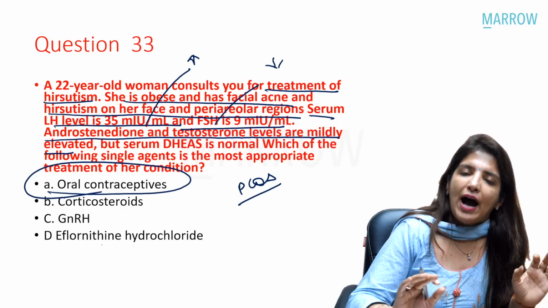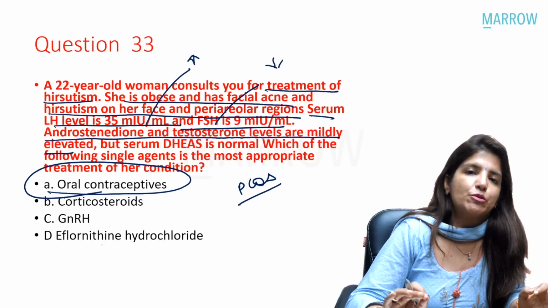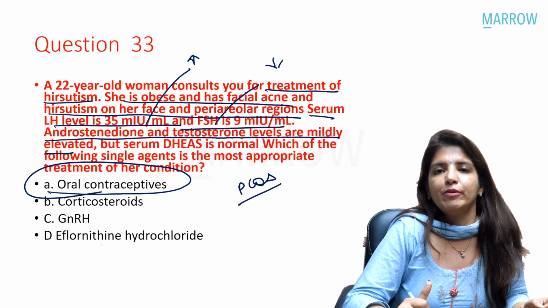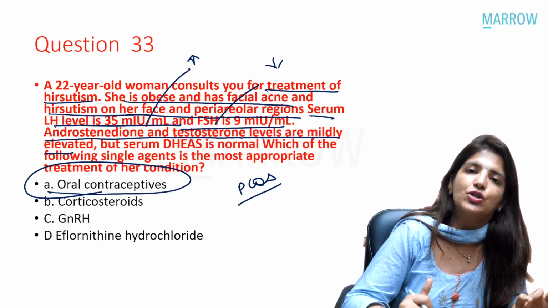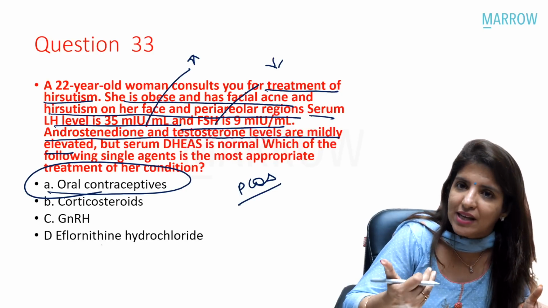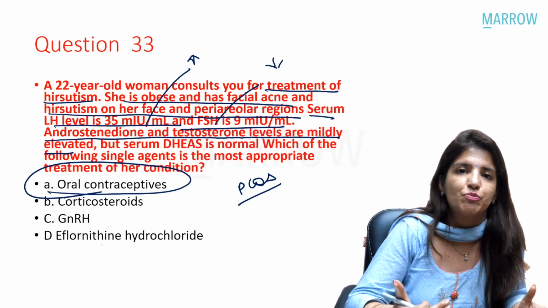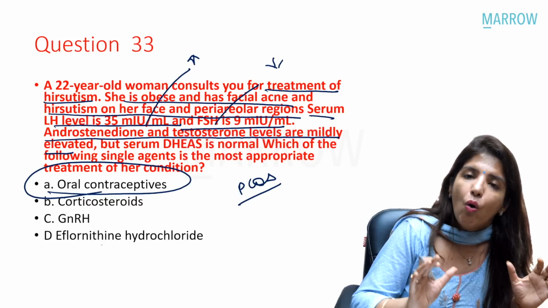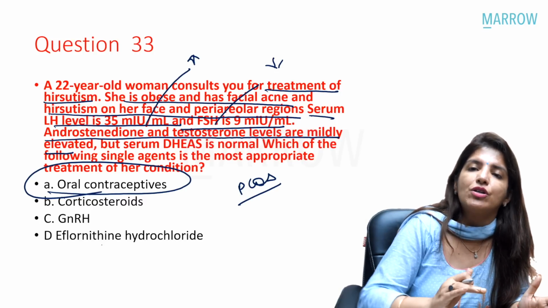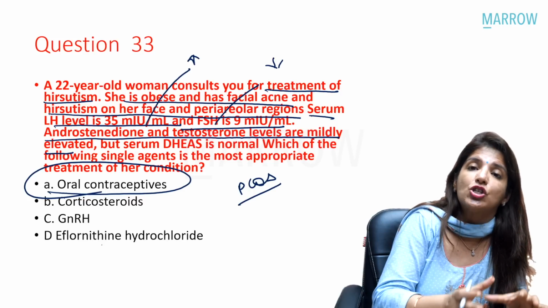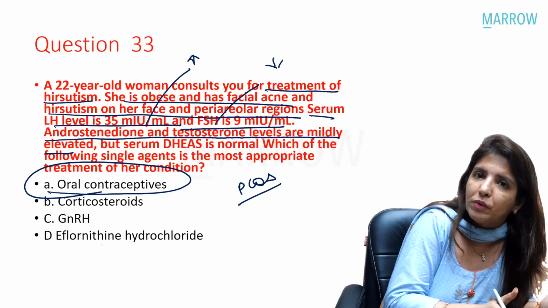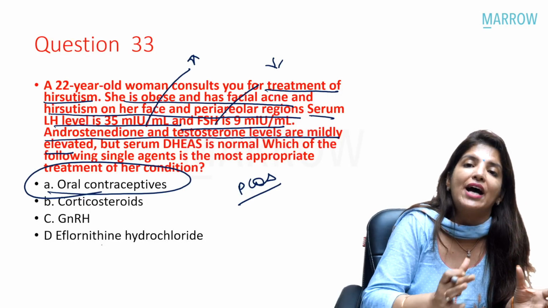Right? Now, I told you the most common cause of hirsutism is PCOS, but if hirsutism is of rapid onset, then in that case, the most common cause is androgen secreting tumors of the ovary. Or if along with hirsutism, you are getting features like clitoromegaly, increased muscle mass, hoarseness of voice, all these mean that the levels of androgens are very, very high, which show features of virilization.